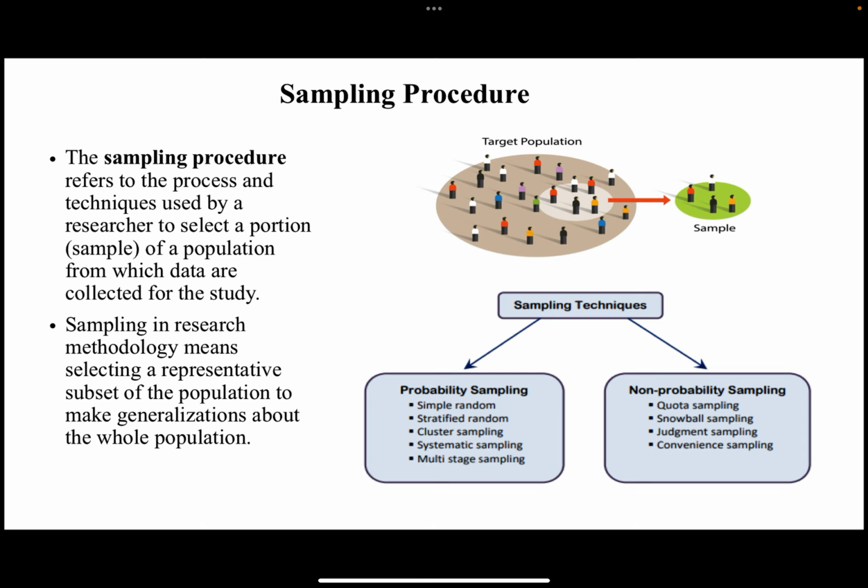In the example I gave, you want to study the health habits of 10,000 adults in a city. It's not realistic to study all 10,000 people. So instead, you find a way to select 400 or, let's say, 500 people, and you conduct the selection process such that it represents the entire population. That process of selecting those people is what we call sampling procedure.